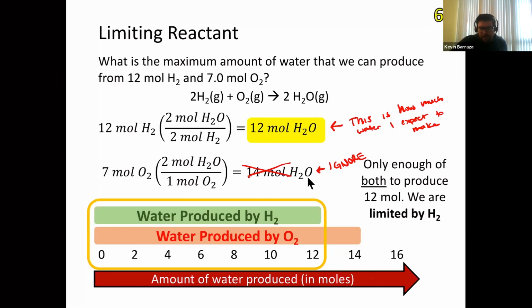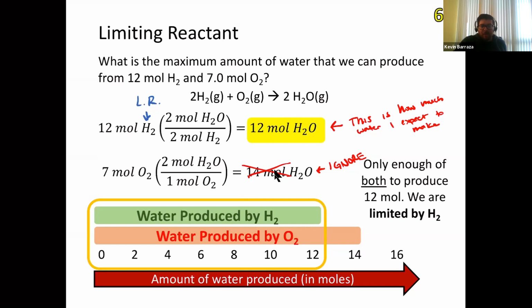So again, to apply the terminology, we would say hydrogen is our limiting reactant. And throughout this lecture, I use LR to abbreviate limiting reactant. What that means is that it's the one that stops the reaction from going any further. It gets used up, much like the wheels got used up.